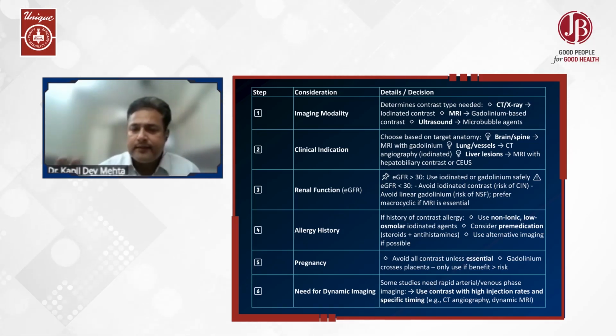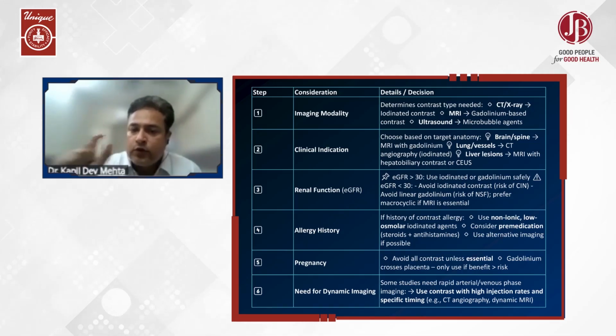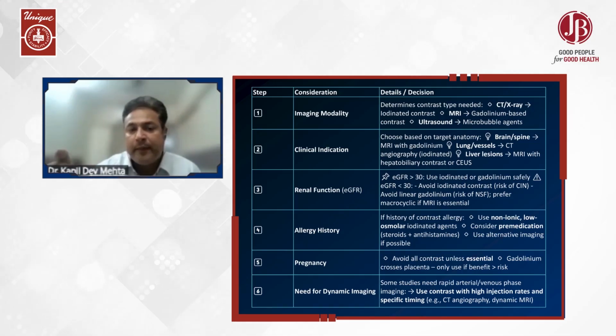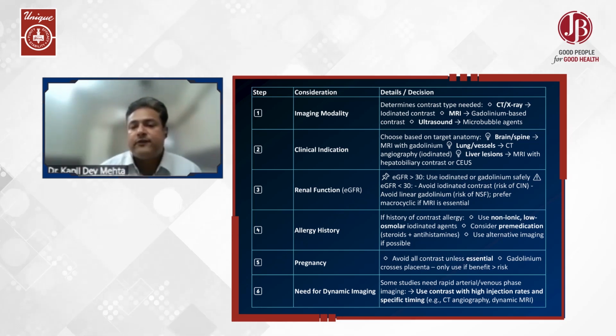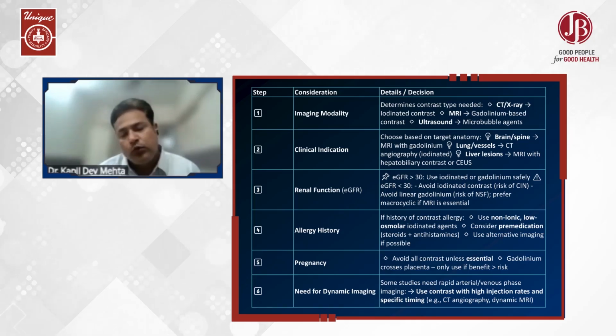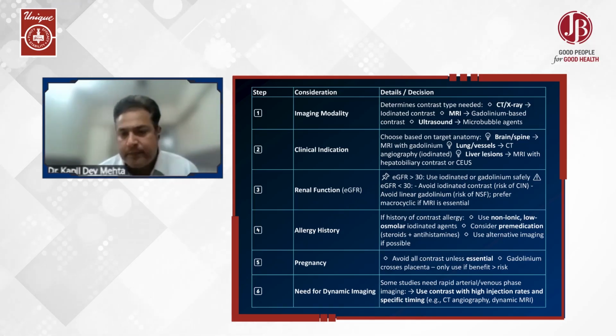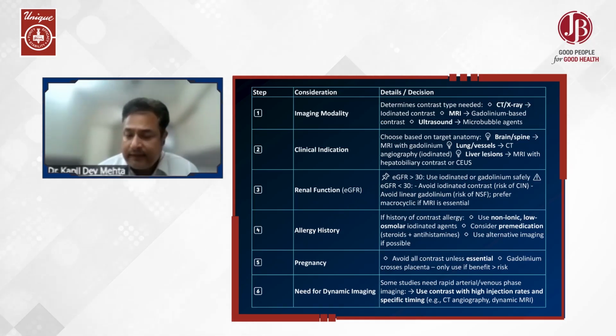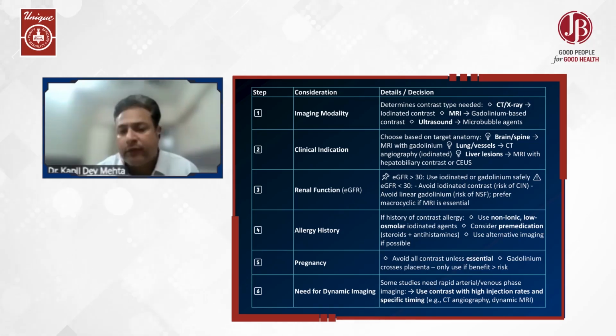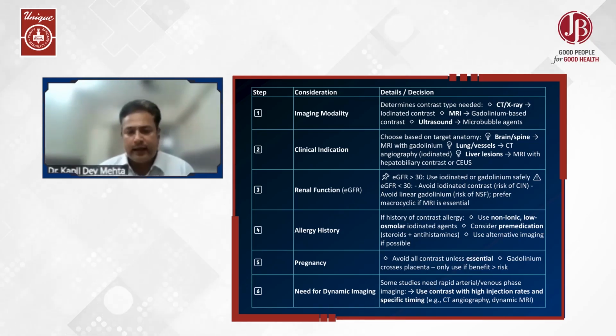So depending upon the target anatomy, the doctor chooses which imaging needs to be done, and accordingly the contrast is chosen. If GFR is more than 30, you can use any contrast. But if it is less than 30, then certain contrasts like non-ionic dimers should be preferred. We will discuss in detail.